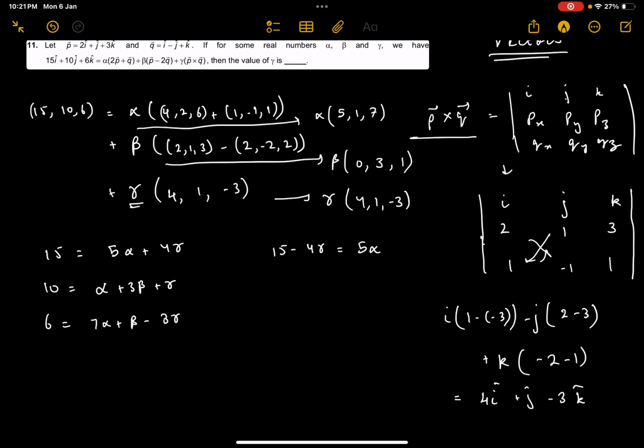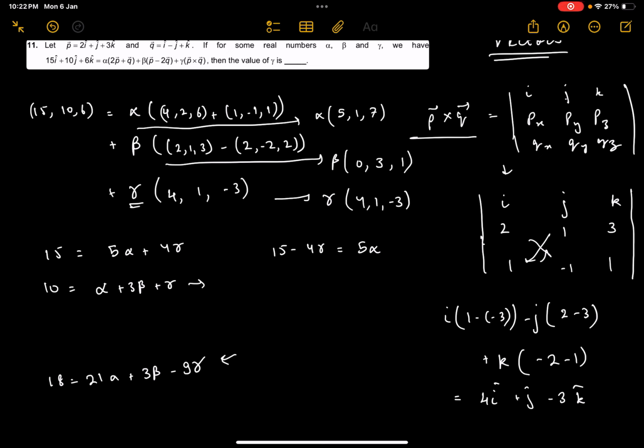For that, we'll multiply this equation by 3 to get 18 equals 21 alpha plus 3 beta minus 9 gamma. Now we'll subtract this equation from this equation.